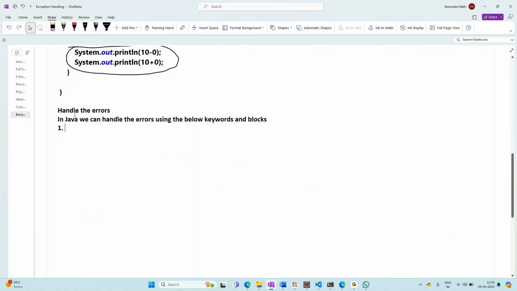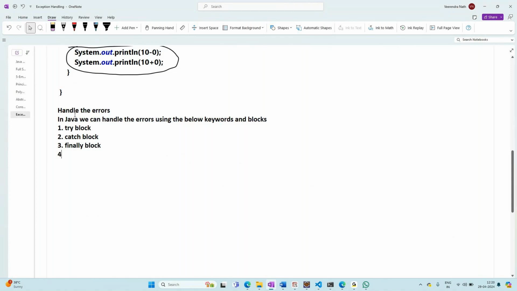First one is the try block. Second one is the catch block. Third one is the finally block.